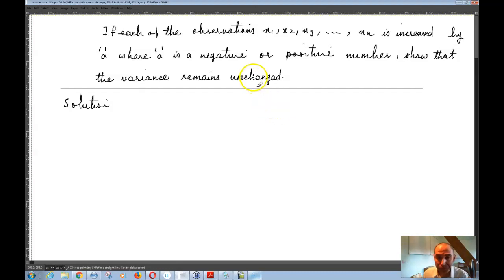Variance is nothing but sigma squared, which is equal to 1 over n times the sum of (x of I minus x bar) squared as I goes from 1 to n.